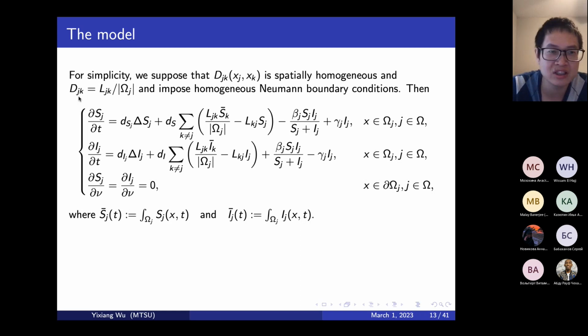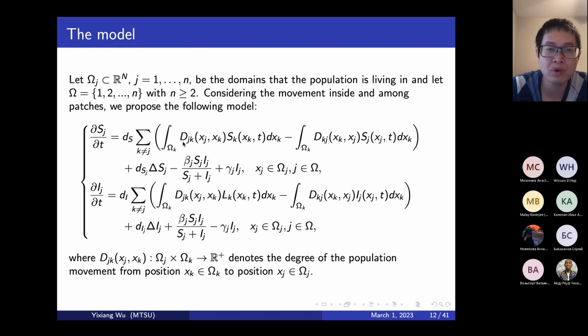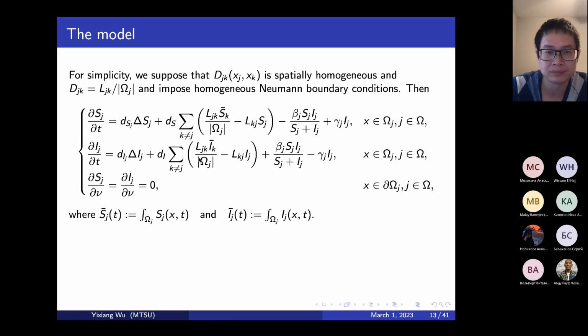We let djk equal ljk over the volume of omega j, and we impose homogeneous Neumann boundary conditions, and then the model we have is as follows. I should mention that most of the results I'm going to present hold for the original model, but I am only presenting this simplified version.